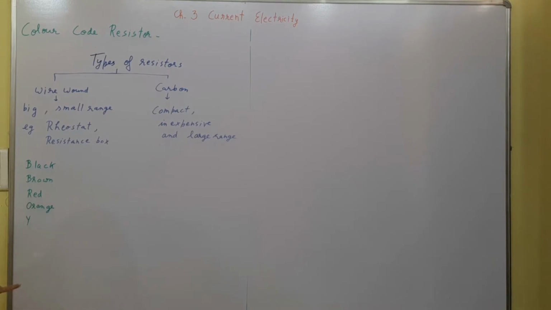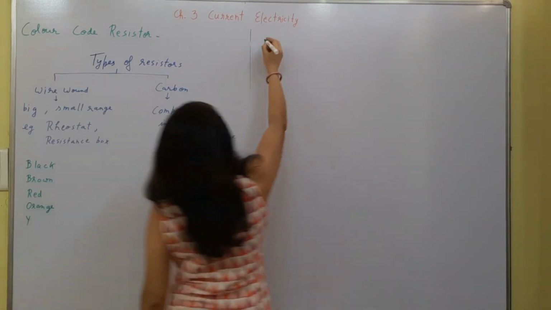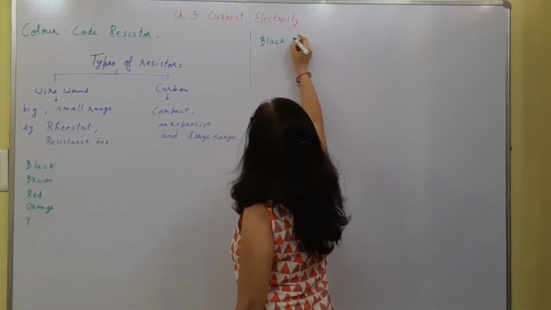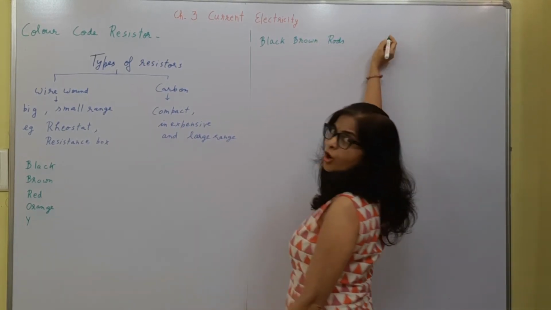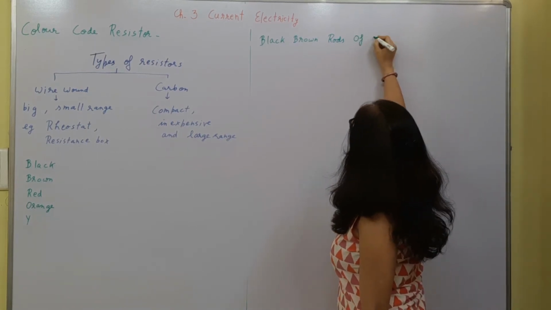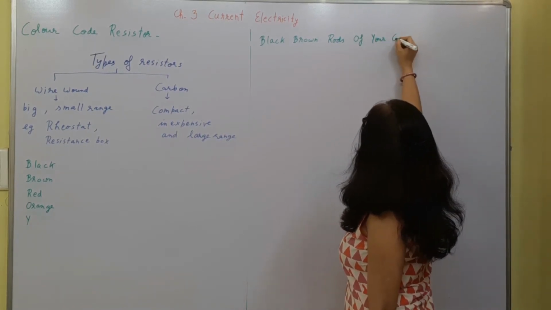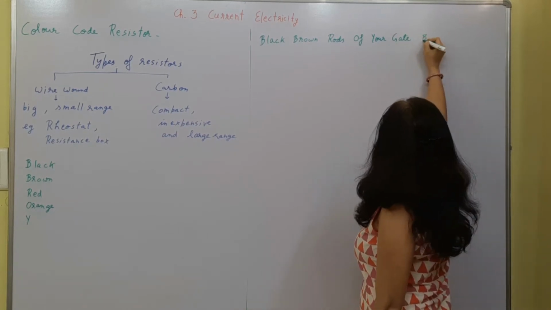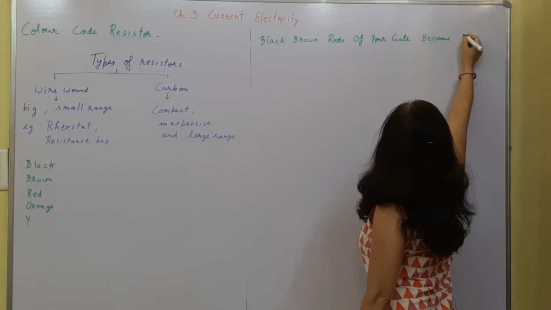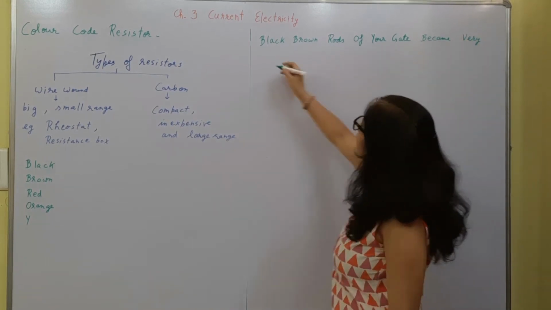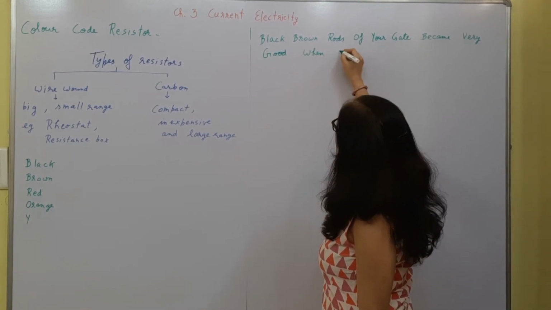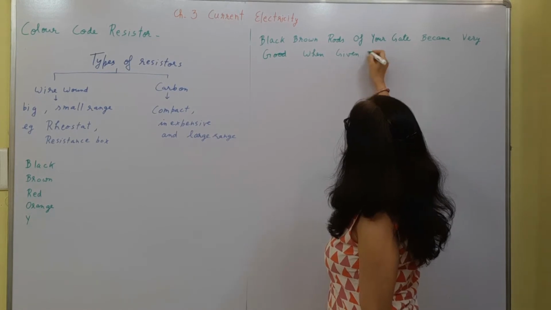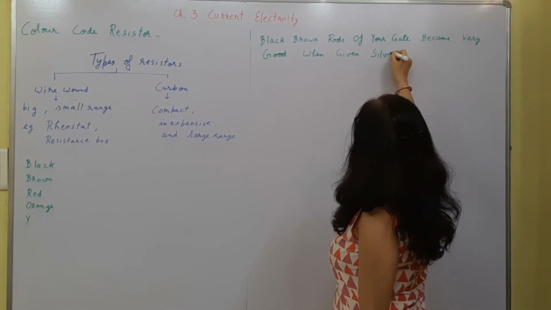I'll first write the mnemonic for this. Black, brown, rods of your gate became very good when given silver.